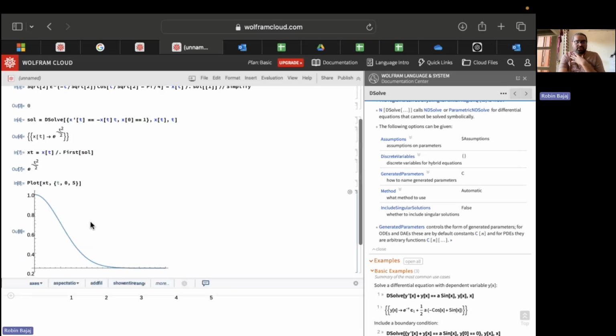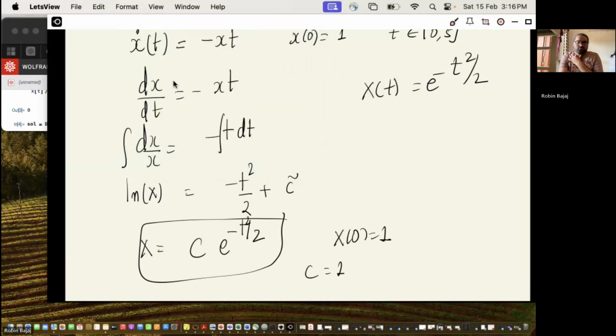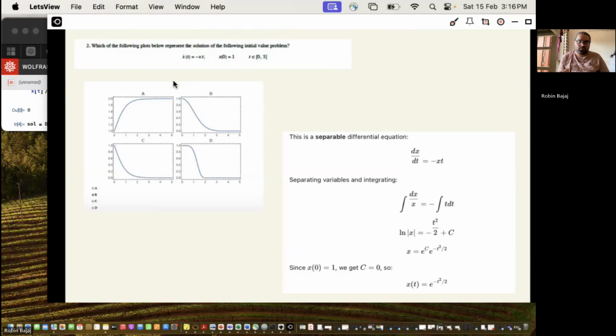So if you see, this is like what function in your problem? It's definitely option B. B is the correct one. Okay.